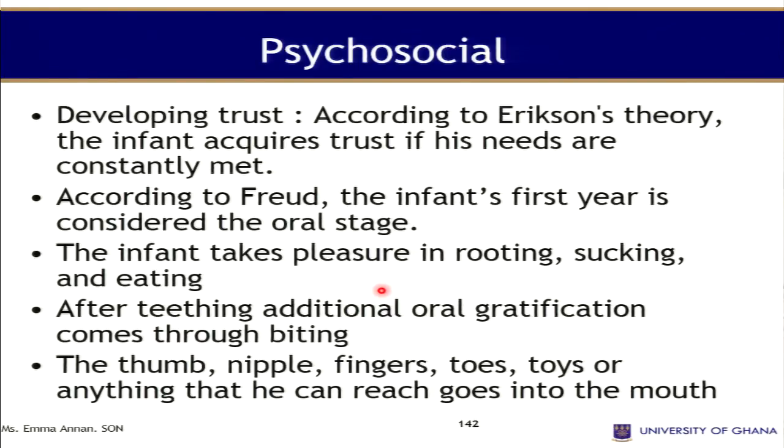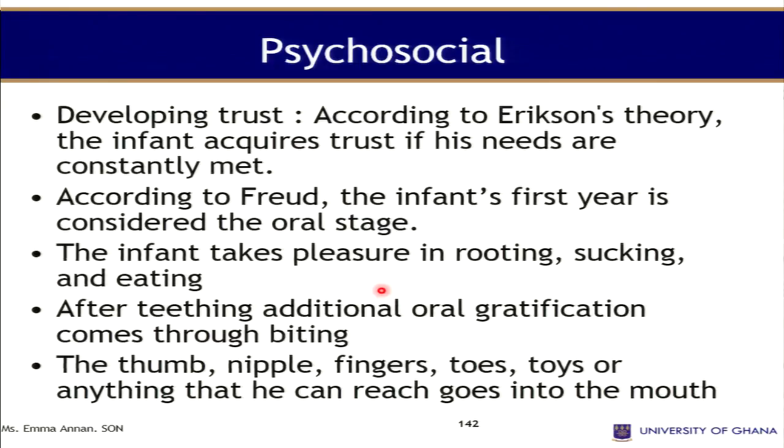According to Erikson's theory, the infant acquires trust if his needs are constantly met. It means that if the child needs something and starts crying and is not attended to, the child will grow up in a way that he will not trust people. But if his needs are constantly met, then the child can develop trust.